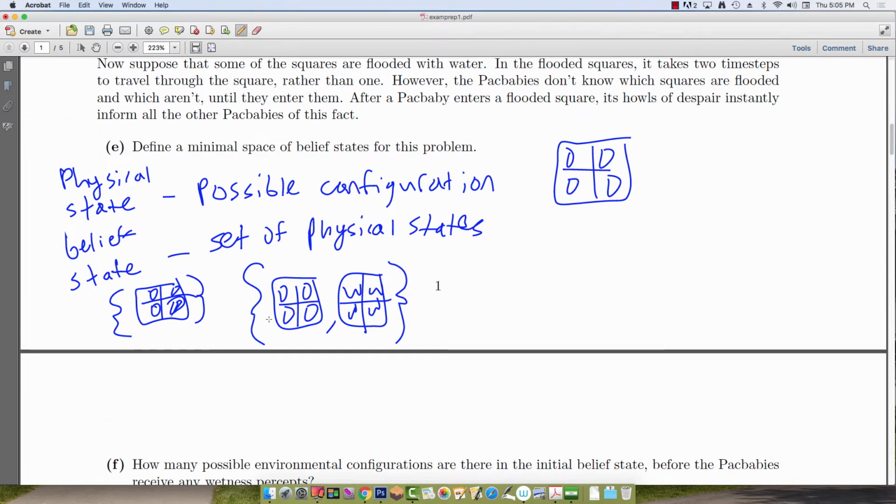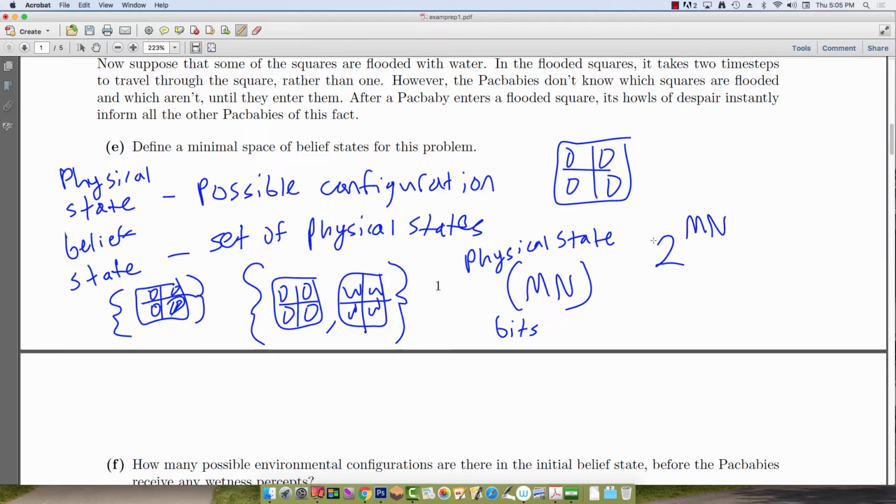Let's go ahead and define what the space size is. A physical state has mn bits. So how many different possible physical states are there? This is mn bits for each physical state, and since each bit in the physical state can either be wet or dry, we raise 2 to the power of mn.